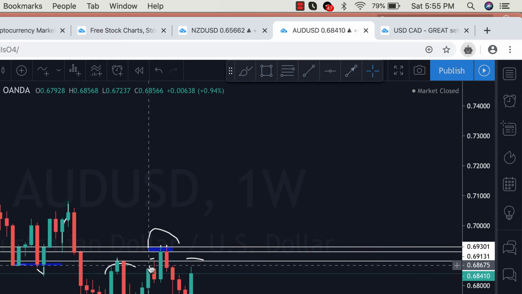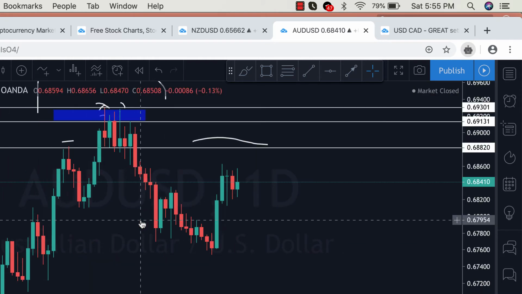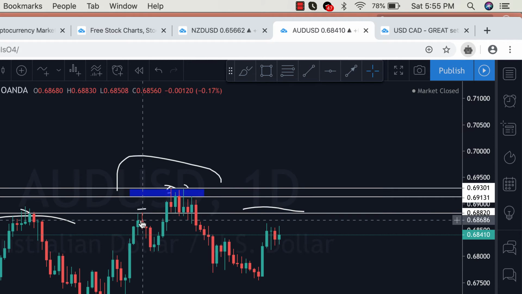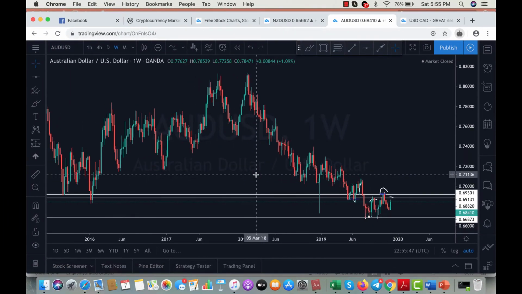Also, if you have drawn your levels on a higher time frame, it gives you a bigger picture of what happened in the past, right? You can check history fairly more easily. You don't have to be scrolling all the way to the back, right?